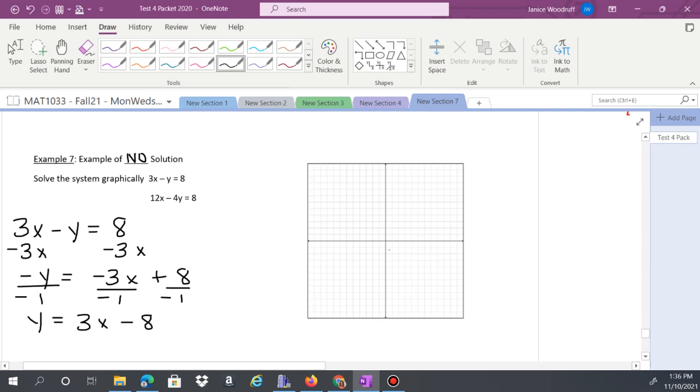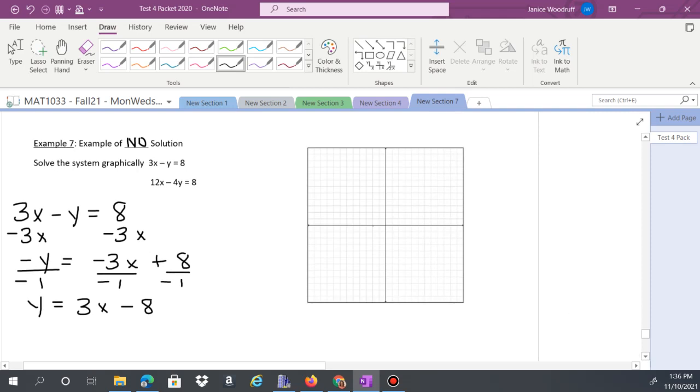So we're going to graph this. Let's see, we're going to find negative 8 on the y-axis for our y-intercept. That's going to be right here. And then our slope is positive 3, so I'm going to go up 3 over 1.